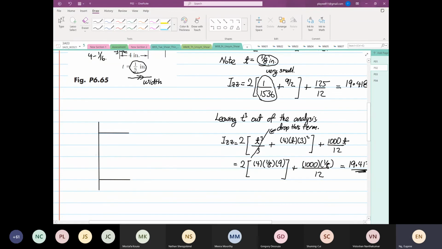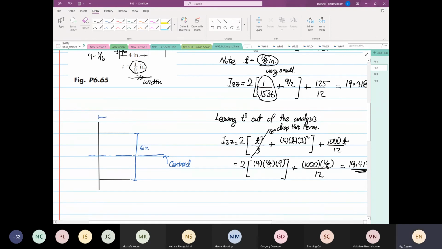So we know that this is our centroid. We know that the distance from here to here, this entire distance, is equal to 6 inches.